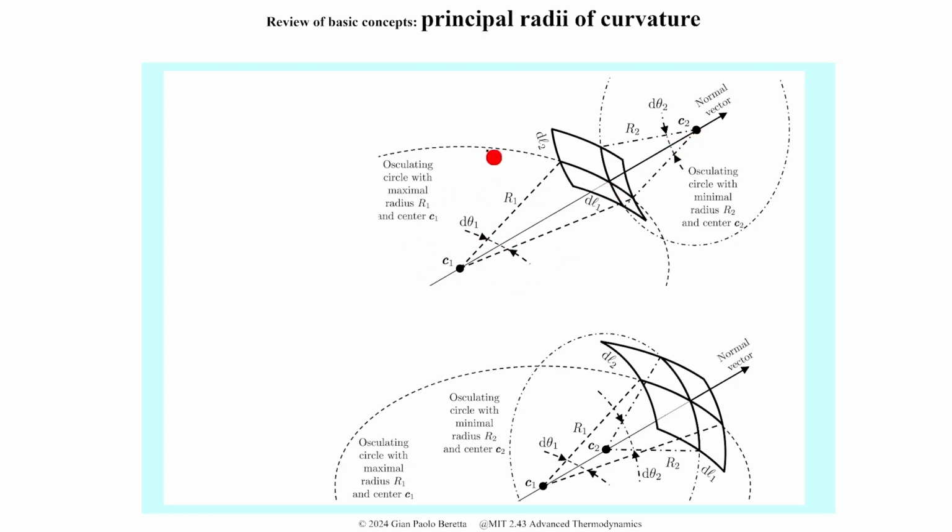So, for example, suppose this is the drop. In this situation, you have one center of curvature inside the drop and one outside, whereas here they're both inside.